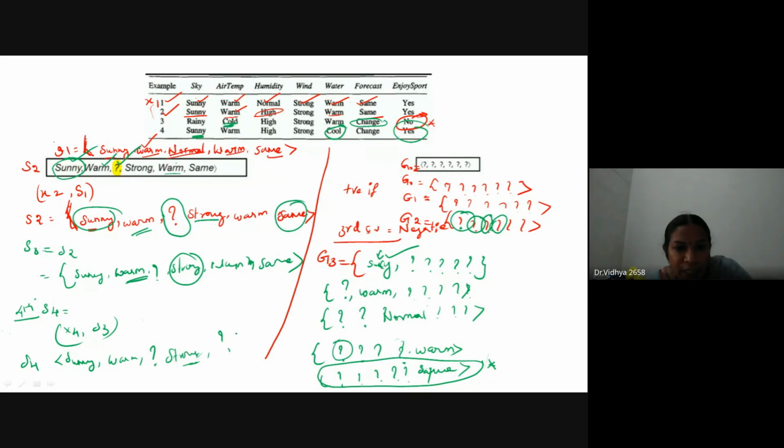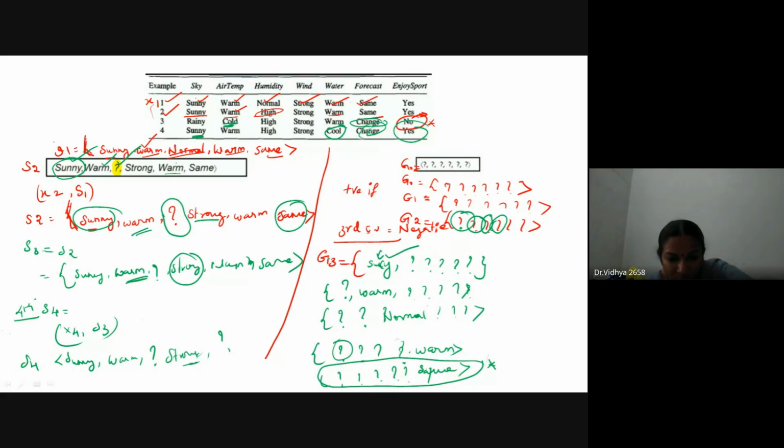Finally, you look at the last attribute. The S3 value is the same, and the forecast value given here is change. So there may be differences, right? Those differences should be highlighted properly in the write-up of the hypothesis.